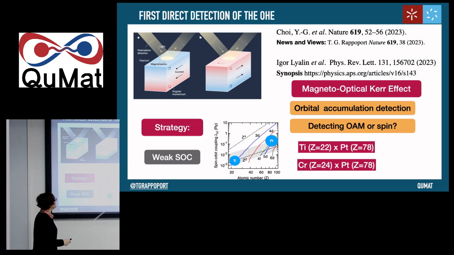Because they're using titanium, which has a spin orbit coupling orders of magnitude smaller than platinum, when they look at the accumulation, it's maybe an order of magnitude smaller only, and they know they are looking at orbital Hall effect. This experiment was also repeated with chromium in the group of Kawakami, with the same technique, and they got similar results.